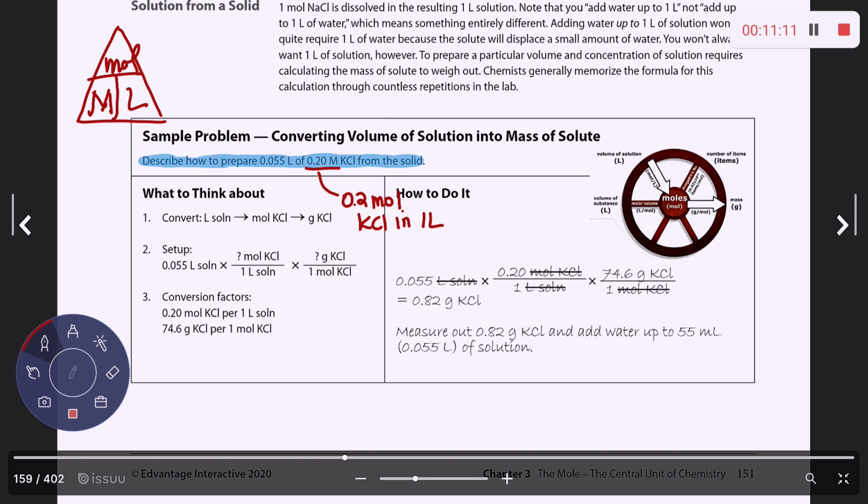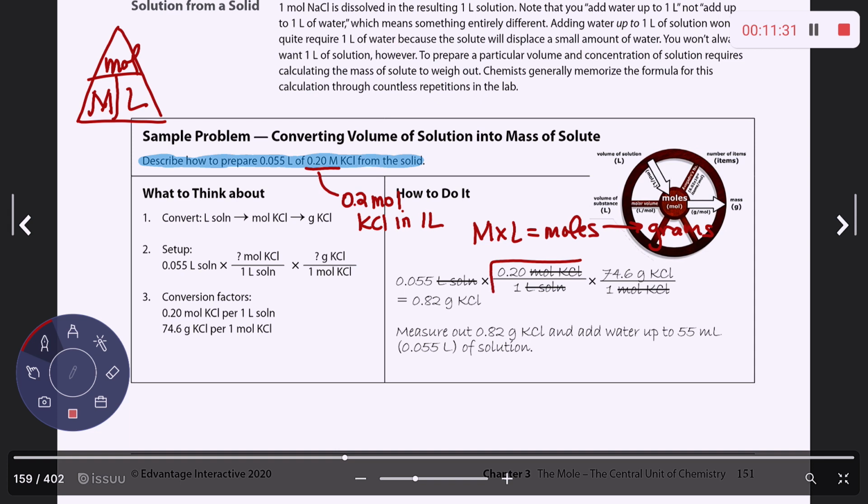If I've got a volume and a molarity, then I can figure out moles and convert moles to grams. So you would take your molarity times liters to get moles, and then convert that over to grams by using the molar mass.